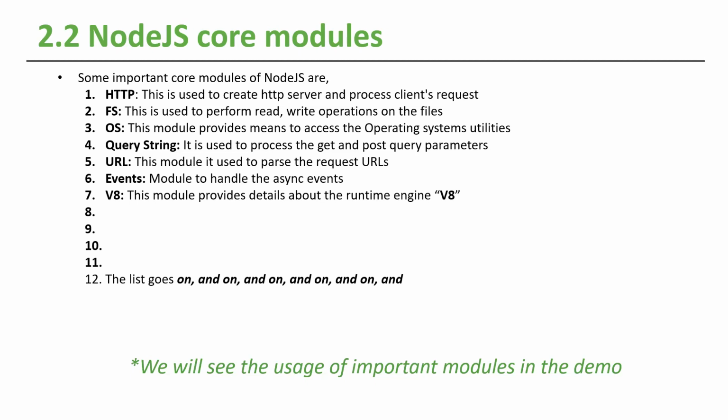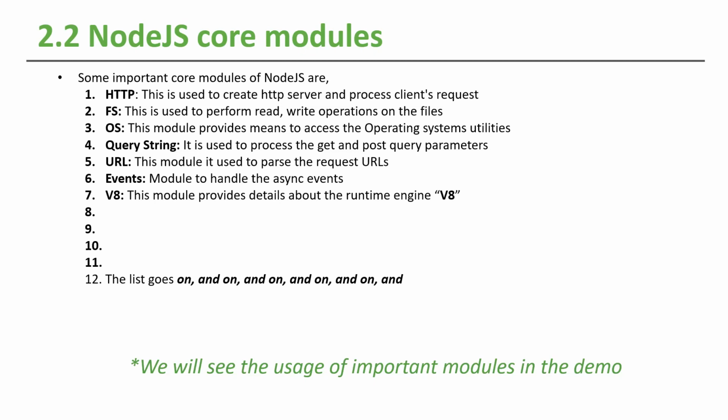We are supposed to gather the entire client data and then process the request, right? Suppose you are logging into a form. Node.js retrieves the data from the client in chunks. One time we'll get the user ID and another time the password. Before processing the request, we have to wait until we get the entire data, right?